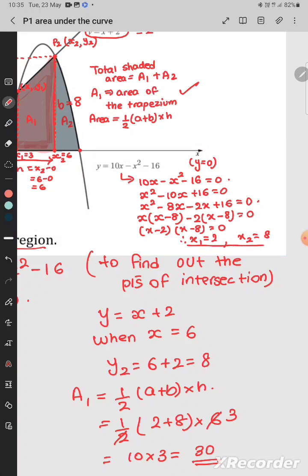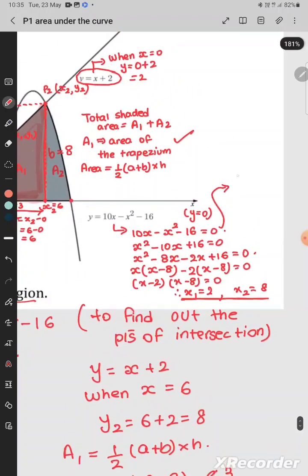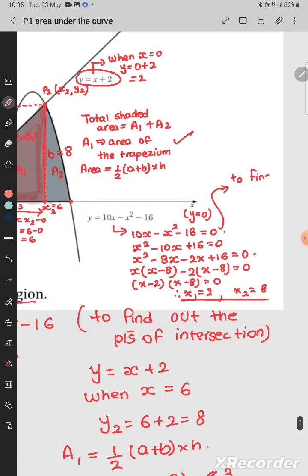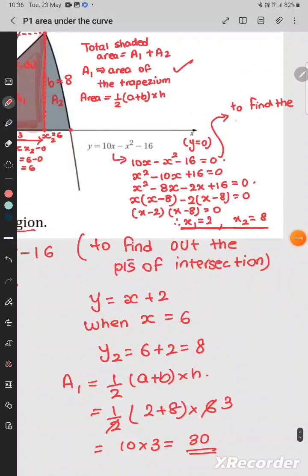That means these are the x coordinates of the points of intersection of the curve with the x-axis. So why did I do this? I did this to find the points of intersection of the curve with the x-axis.